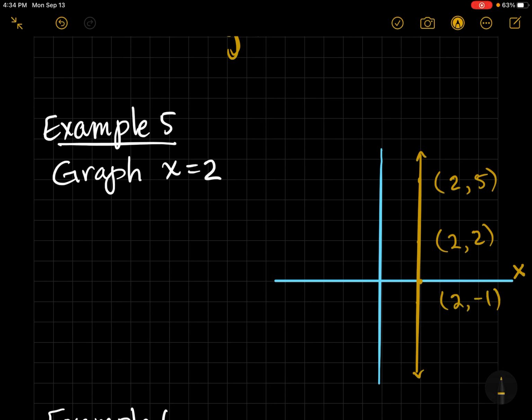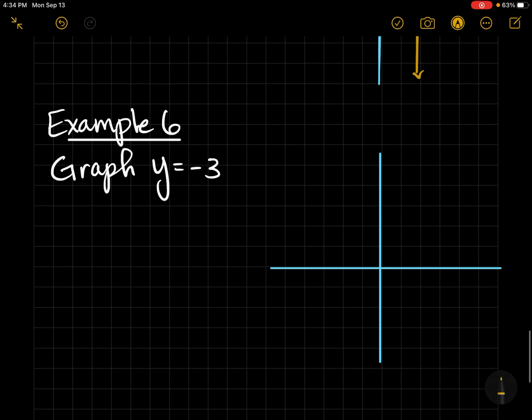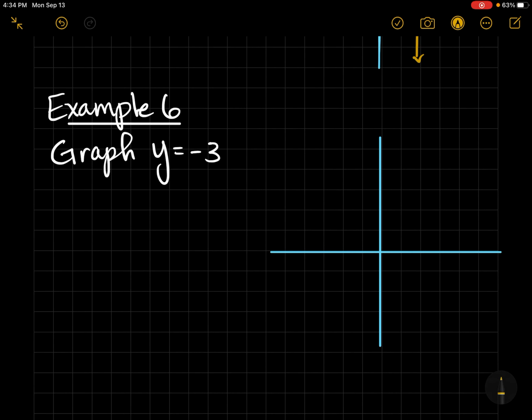Every single point, even the in-between points, have an x-coordinate of 2. And last but not least, y equals -3. You go to the y-axis, put a point at -3, and zoom. Your line is perpendicular. And just like we said before, y equations lay down.